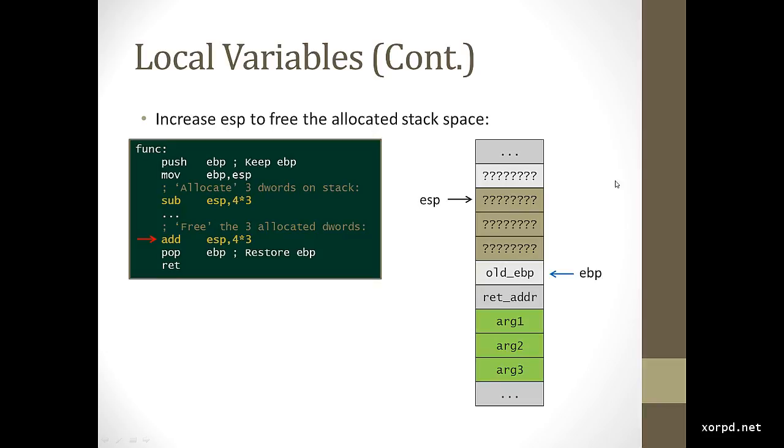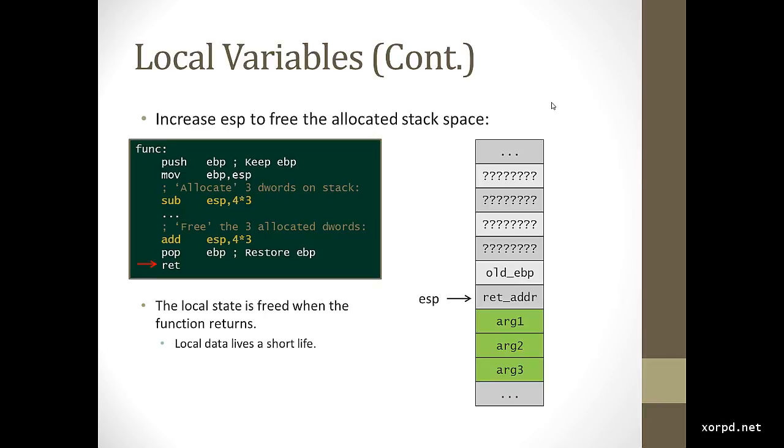And this is the effect which is going to be achieved. At this point, ESP and EBP again point to the same location. Finally, we pop EBP to restore it to the old value, and we return from the function.